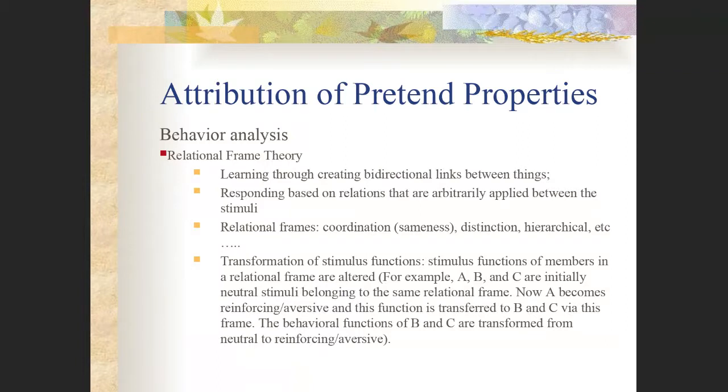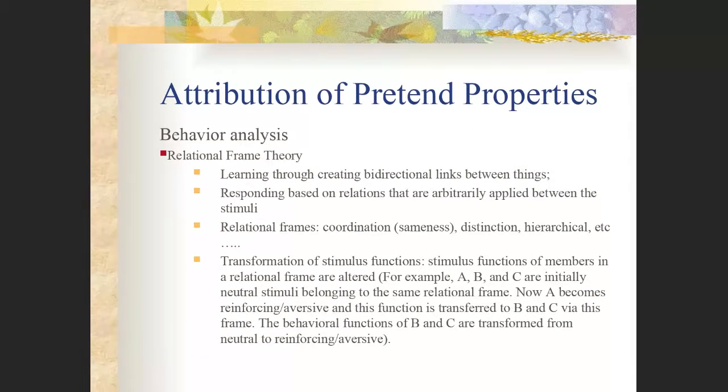One is bigger than another, smaller or younger. These are different potential relational frames, but here we are using the frame of coordination, or the equivalence relation, in our analysis.